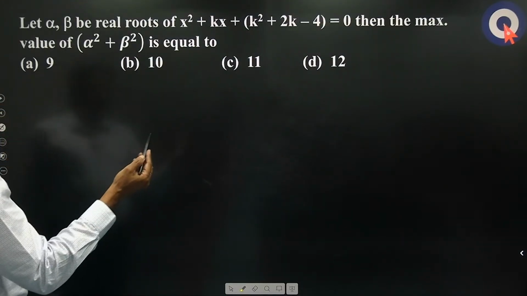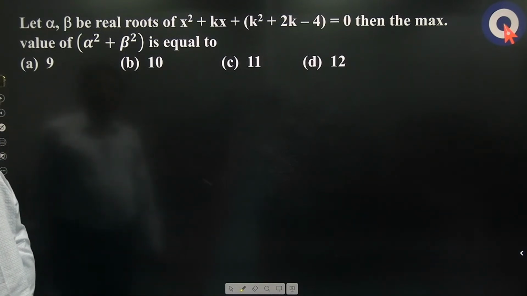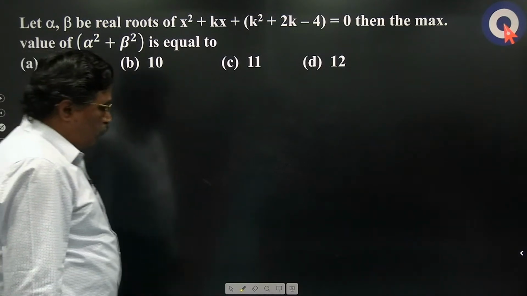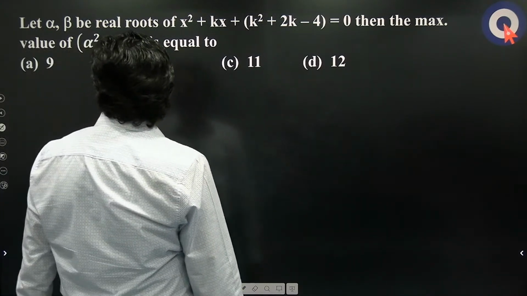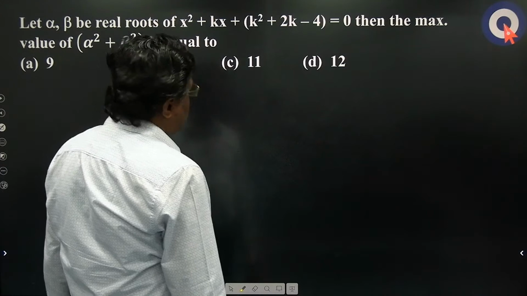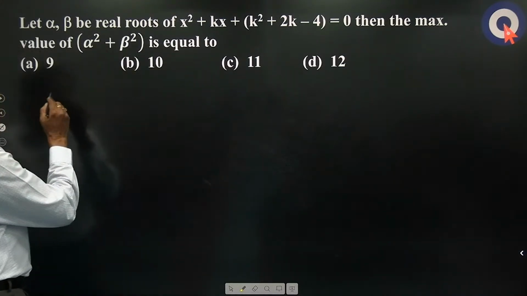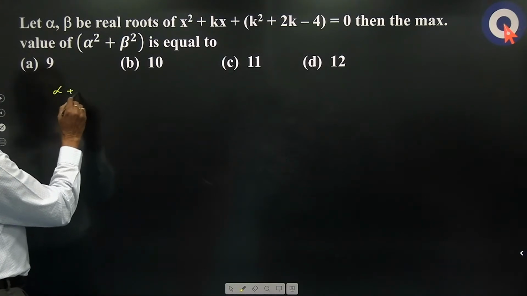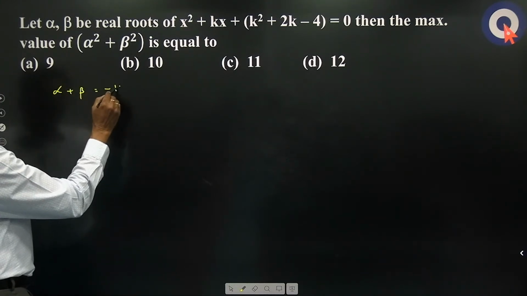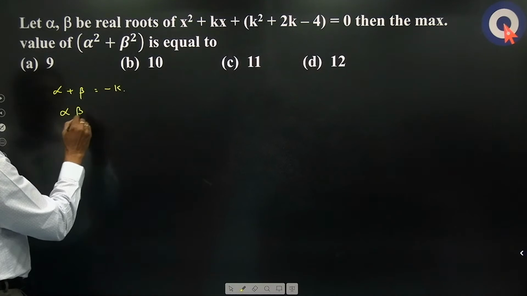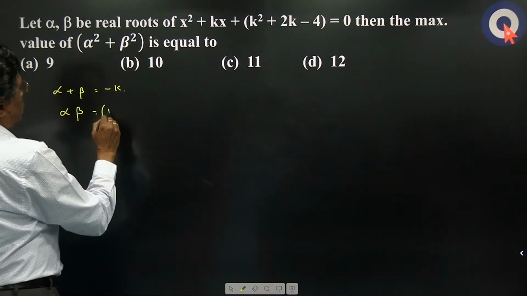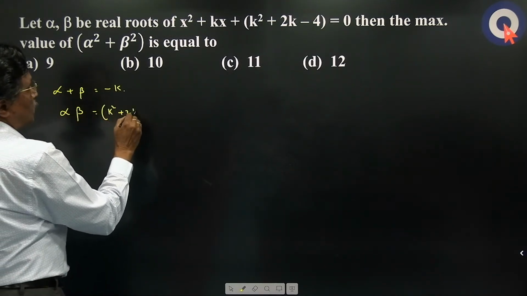Yeah, it's a very simple problem. Let alpha, beta be real roots of x square plus kx plus k square plus 2k minus 4 is equal to 0. Now the maximum value of alpha square plus beta square is dash. So you have alpha plus beta is minus b by a, and alpha beta is k square plus 2k minus 4.